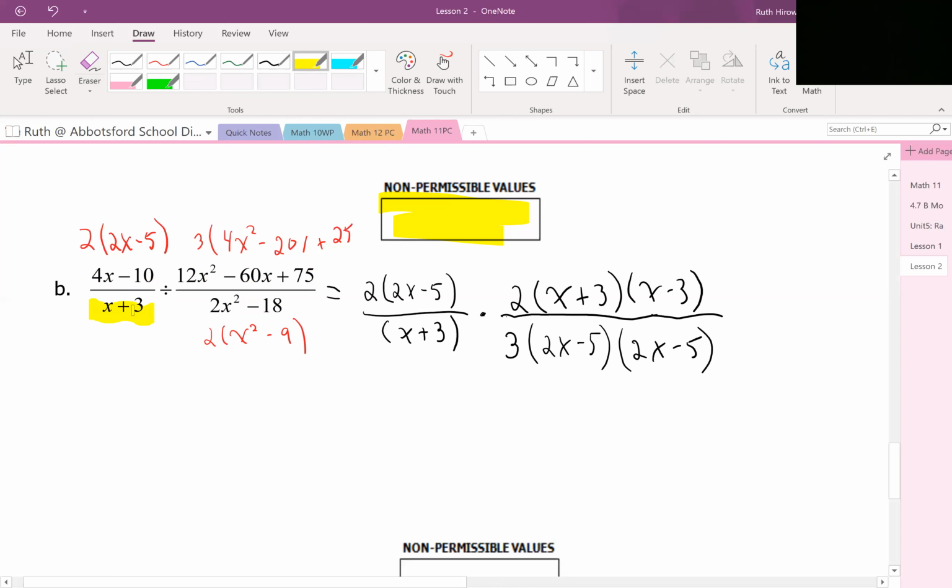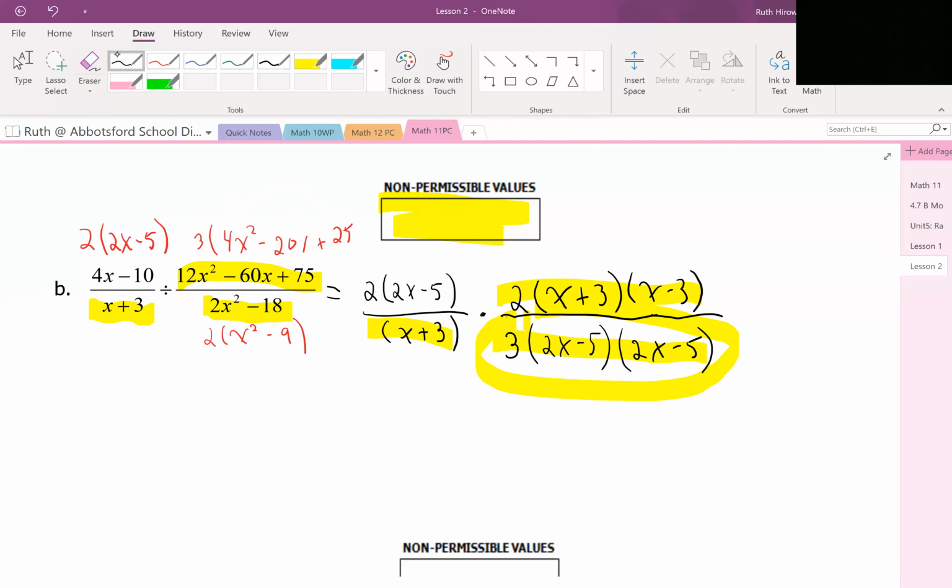X plus 3 can't be 0, there's a denominator. 2x squared minus 18 can't be 0. Hidden, there is another denominator. Why am I saying that? Because that ends up down there. So these are the three places I'm looking for my non-permissible values. Where'd they go? Here they are, factored form. Here they are, factored form. Here they are.